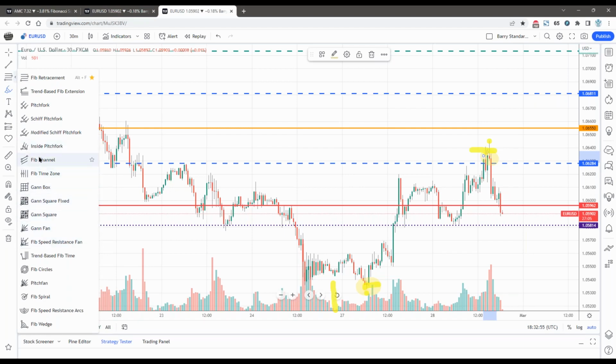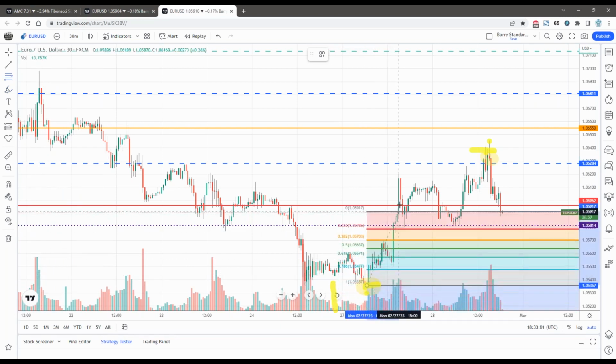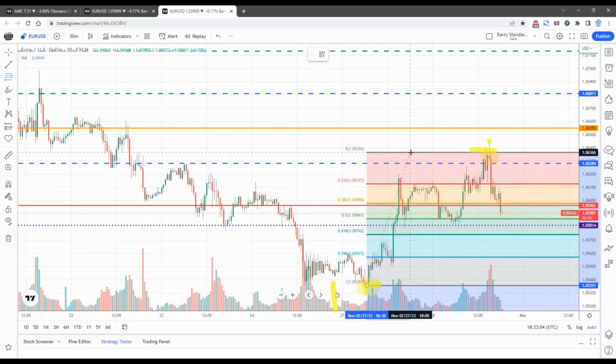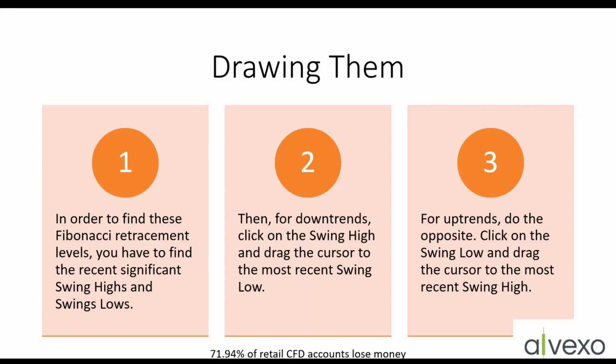Where's my Fibonacci? Oh, it's at the top. And we take it and we pull it from that swing high to that swing low. If we were coming off of an uptrend, we would go in one direction. If we were coming off of a downtrend, we do it in the opposite direction. So you have to find a significant swing high and swing low.